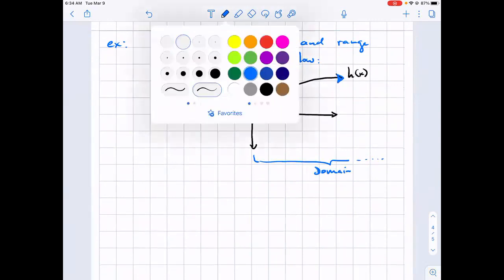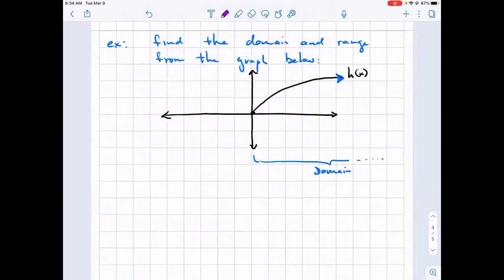But notice now the range would be from this point here, and notice it goes on and on, because there's an arrow here, so it doesn't stop either. So we get continuous here, and this is continuous there.